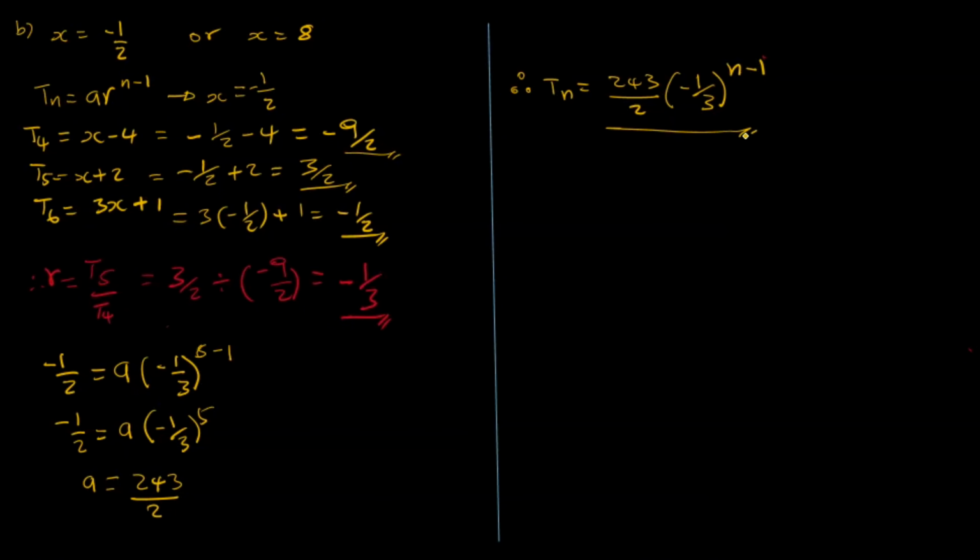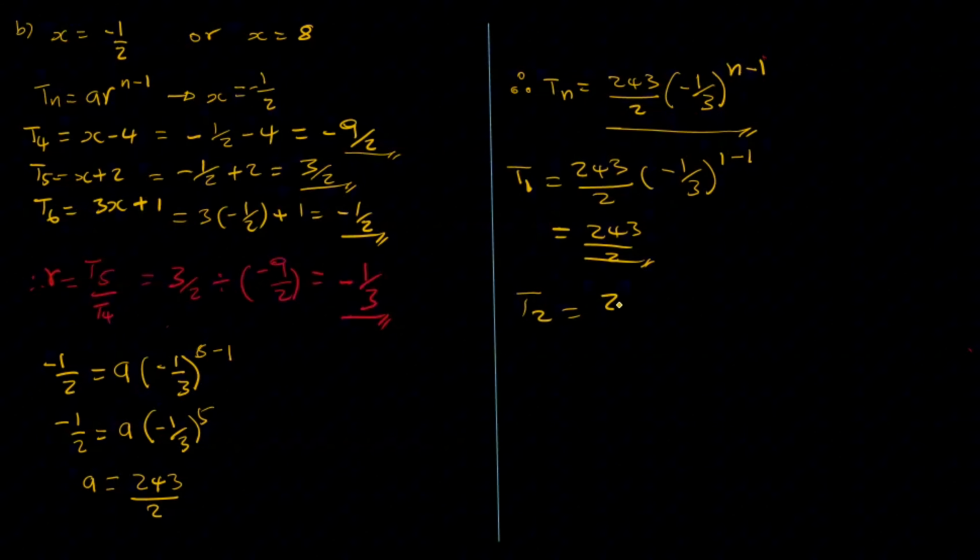So if you want term 1, it will be 243 over 2 times minus 1 over 3 to the power 1 minus 1. So term 1 will be 243 over 2. This is term 1. Term 2, same thing: 243 over 2, where you see n, you put 2.